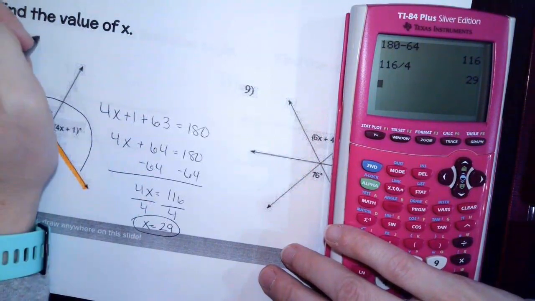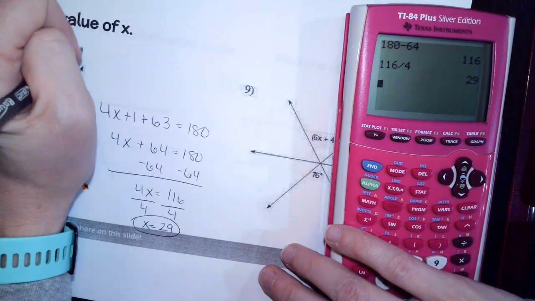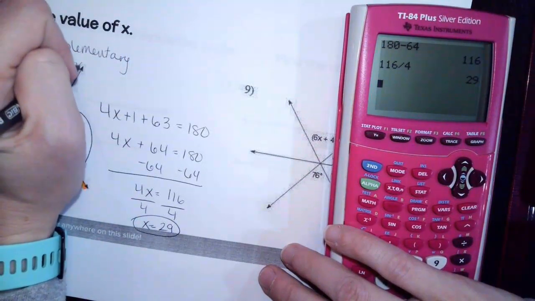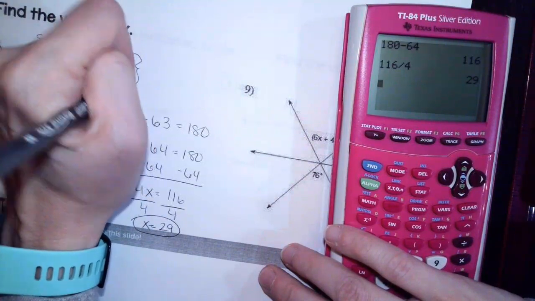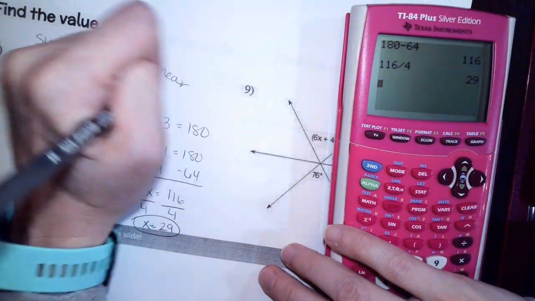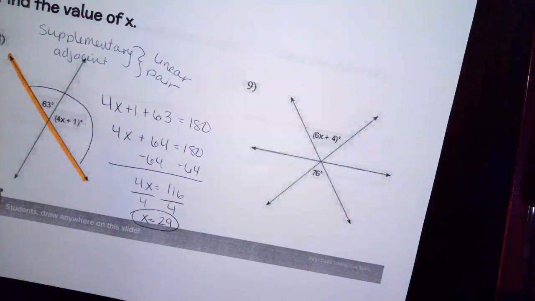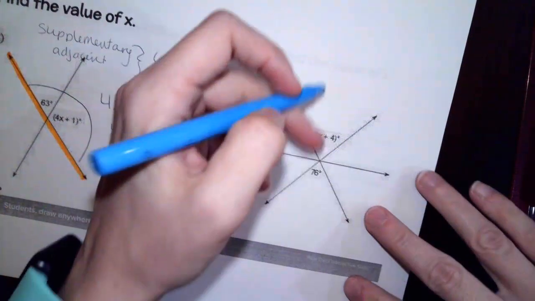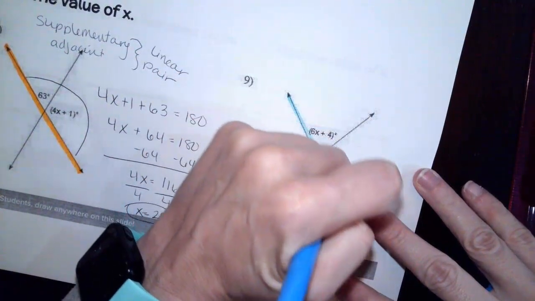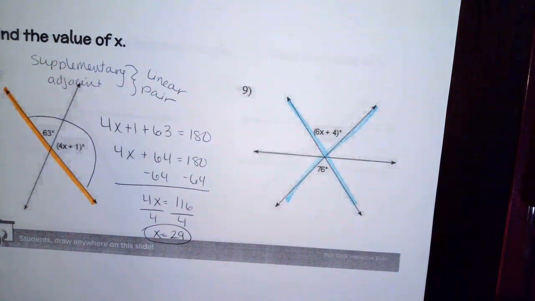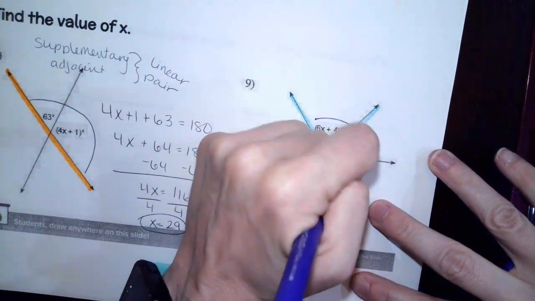So those are supplementary and adjacent, which makes them a linear pair. Okay, these angles right here are vertical angles, and hopefully you remember back from like unit 1 that vertical angles are always congruent.